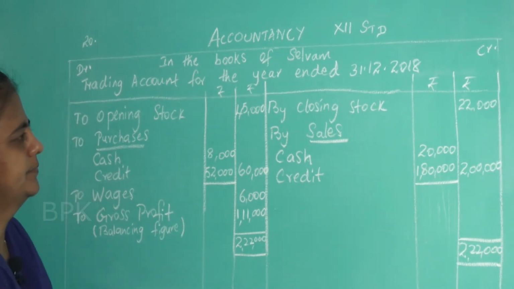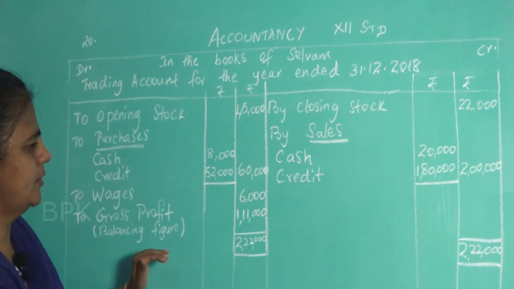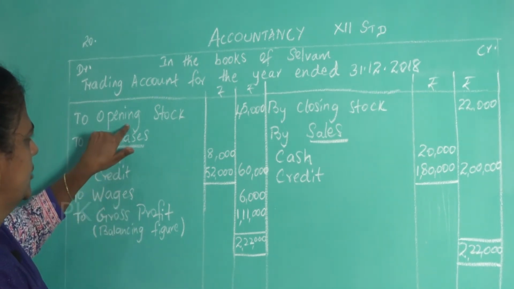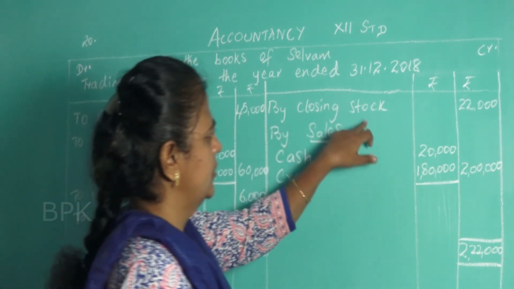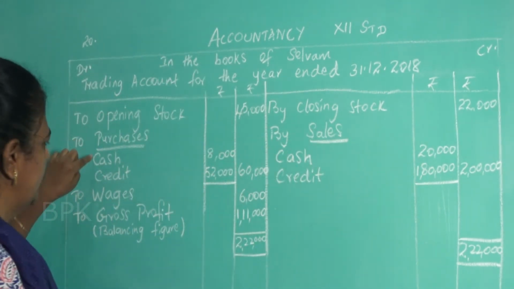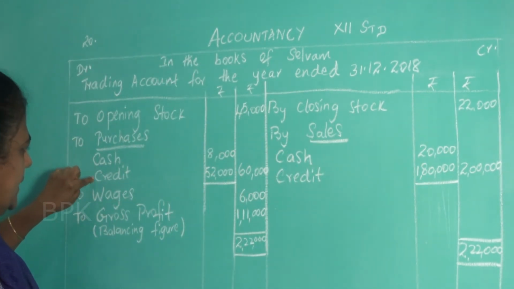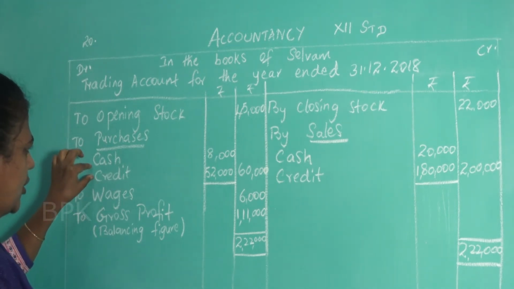Okay. Understood, children? Trading account. What are the items we have to put on the trading account? Opening stock, the stock at the beginning, then closing stock, the stock at the end. Then purchases: take cash purchases and credit purchases. If there are any returns, subtract, but here it is not given.